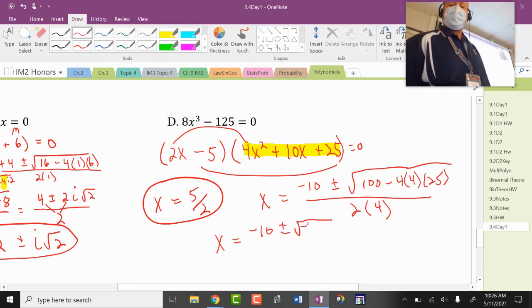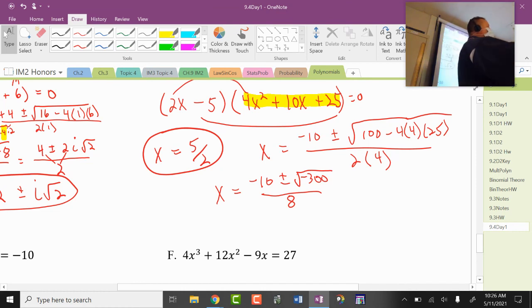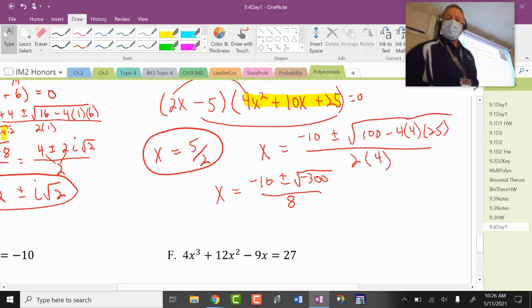This is negative 300. 2 times 4 is 8. It's 100 minus 400, right? Oh, no. Okay, first of all, what's 300? A number. Isn't it 3 times 100? Isn't it 3 times 100 times a negative 1? What's the square root of 100, everyone? 10. So here's how this breaks down. Plus or minus, square root of 100 is 10.